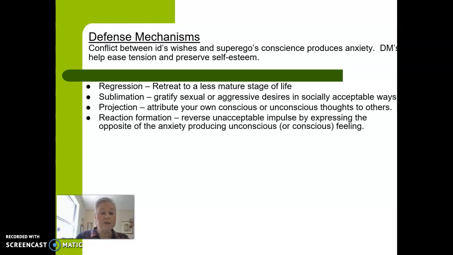This is called reaction formation. There are many examples of this, like I say, in the news, but some other examples might be people who have been outspoken opponents of LGBT rights, and then they come out and they say, actually, I am gay.